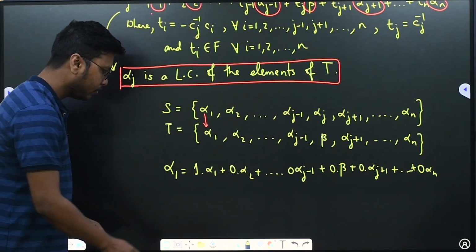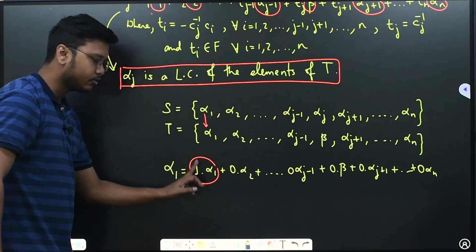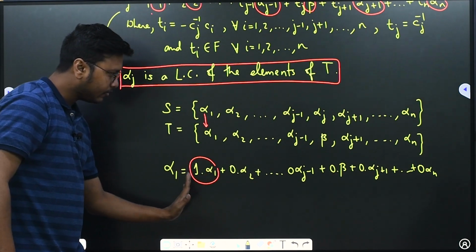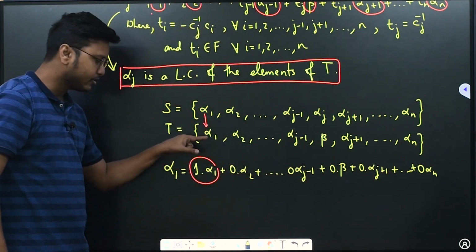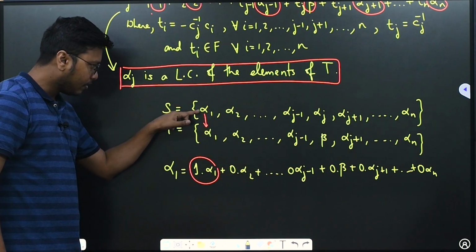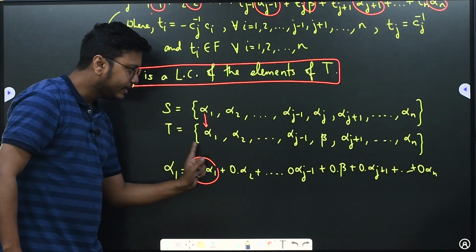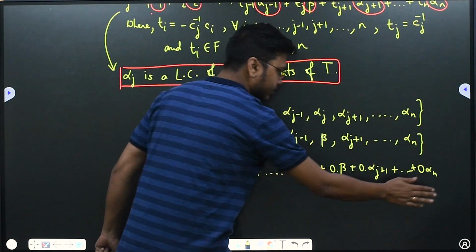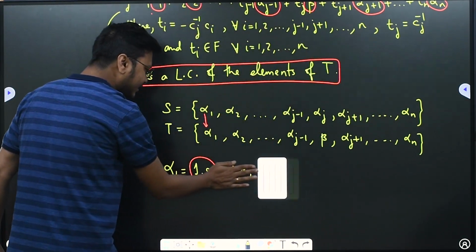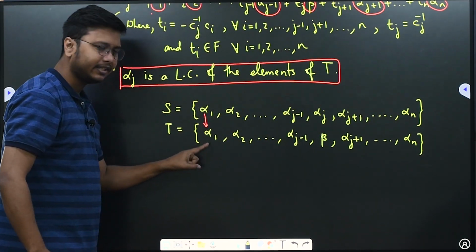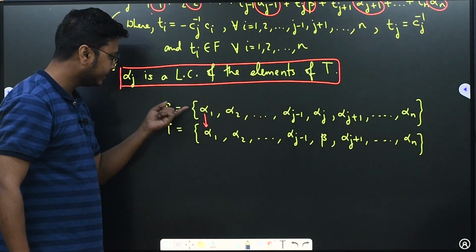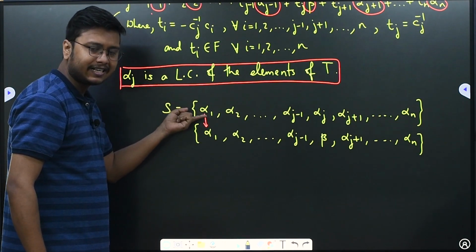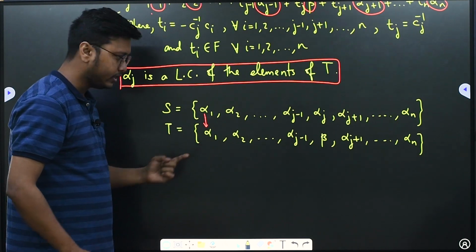As you can see, alpha 1 is equal to 1 times alpha 1 and 0 times everything else of the elements of T. So alpha 1 can be written as a linear combination of the elements of T set, right? That is obvious. Since alpha 1 is present here also and present here also, obviously alpha 1 of the S set is a linear combination of the elements of T.